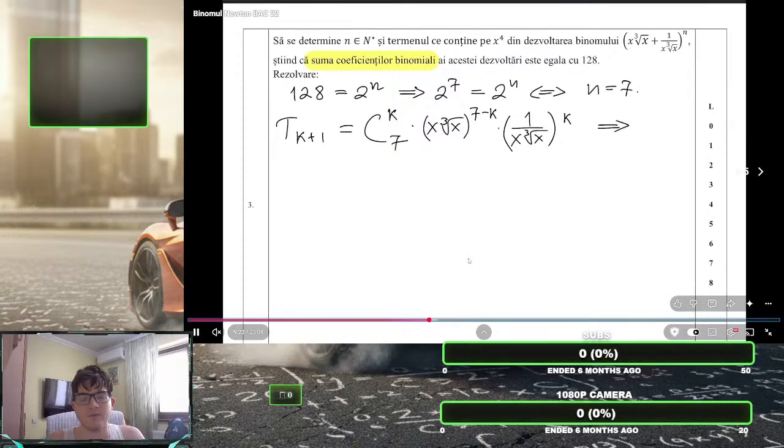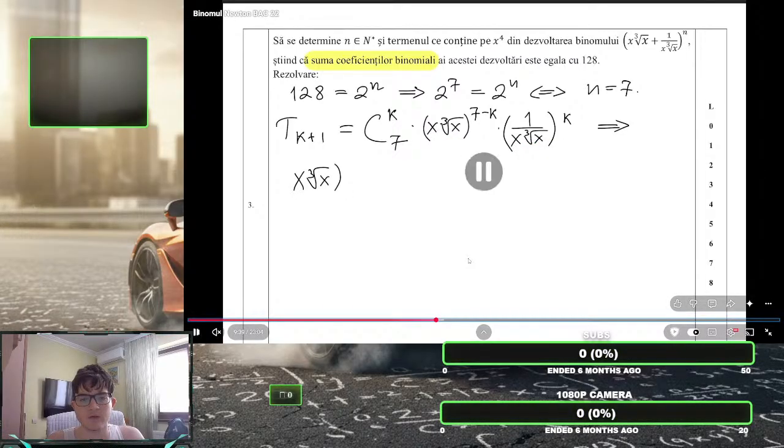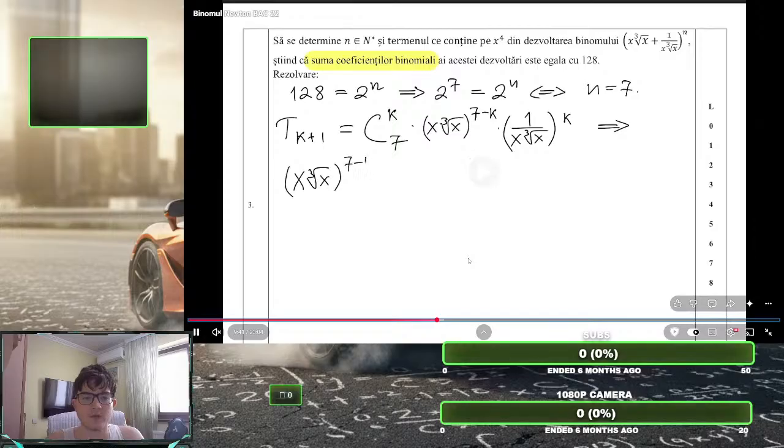So now, same stuff. Work with this. Just ignore the c right now. And essentially 7 minus k. Okay, so just flip that.